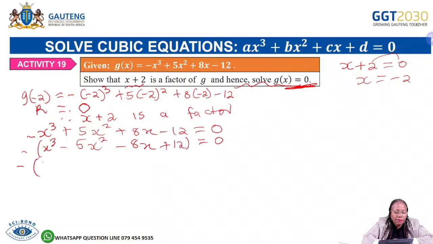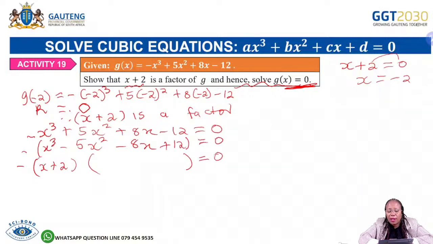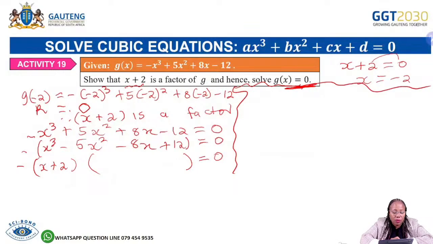We already have the first factor, that is x plus 2. So we need a trinomial factor with our nice, good, short method.